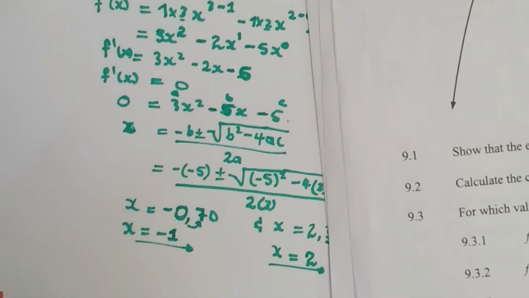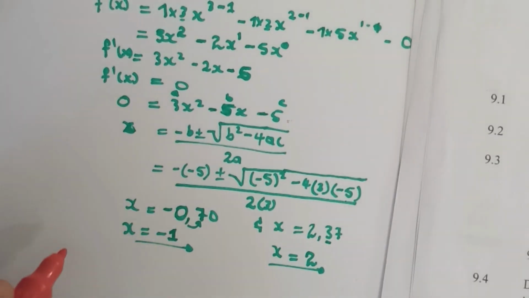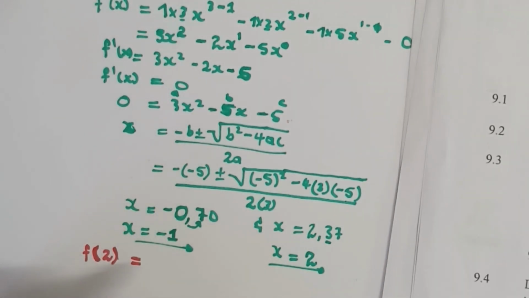Take note of here, we have our x-intercept for the turning point. So now let's just say f of 2, because this one is our x turning point. So now we say f of 2 is equal to, let's go back to the general equation.